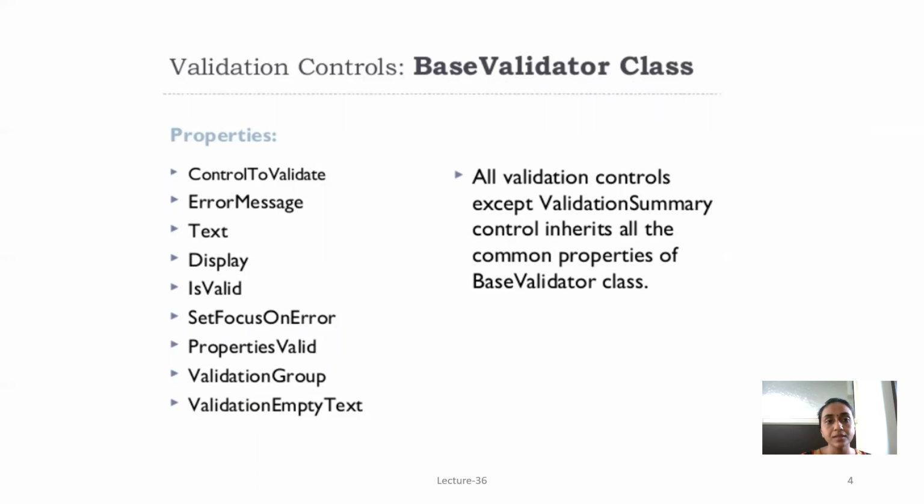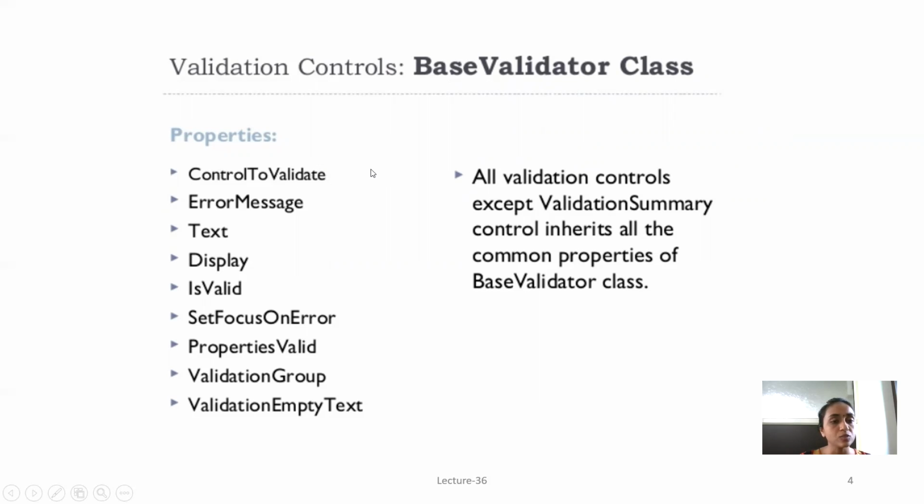Here you can see the main properties of the base validator class listed. The first property, ControlToValidate, indicates which control the validator will validate. So here you need to pass a control name.